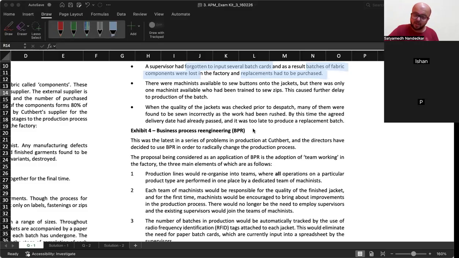So production teams are responsible for quality decisions, separate quality check. You could remove that, and you could make each process an independent activity in itself, where they are responsible for the quality of the output at their stage, है ना? So that could be another approach that you could think about.